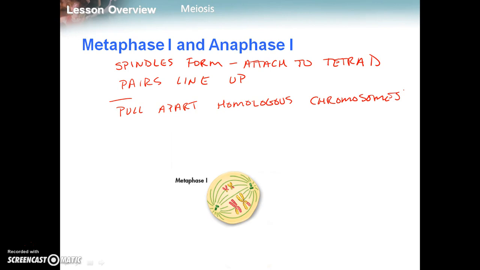They're going to go towards opposite poles of the cell. When anaphase 1 is complete, the separated chromosomes cluster at opposite ends. So here's anaphase 1. We've got our homologous chromosomes being pulled towards opposite poles. So in other words, we are pulling our tetrads apart.